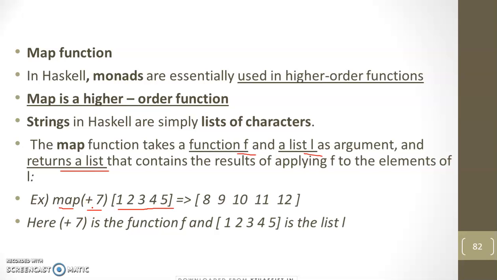What is the result? It applies the function, here plus 7, on each element of the list, resulting in 8, 9, 10, 11, 12. That is, summing each individual element with 7.